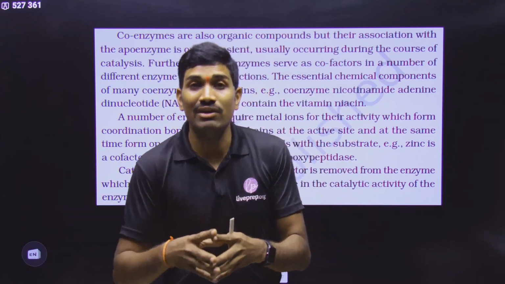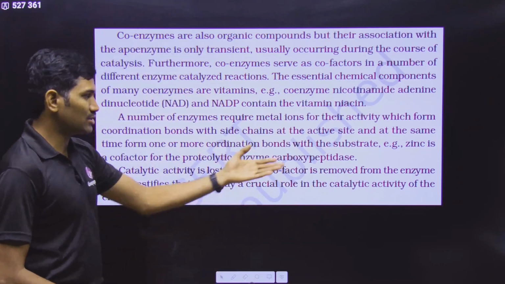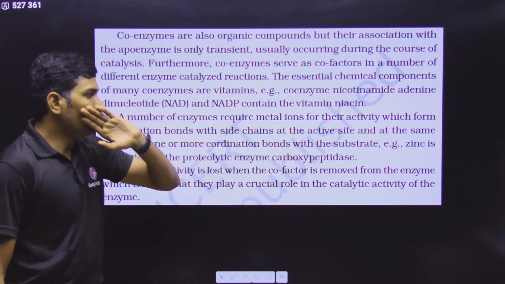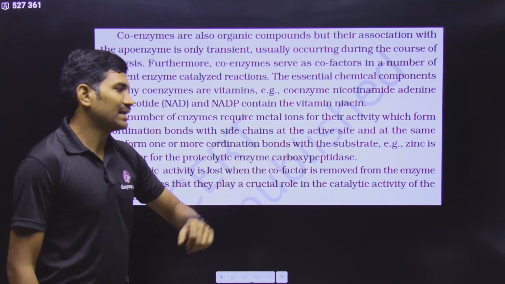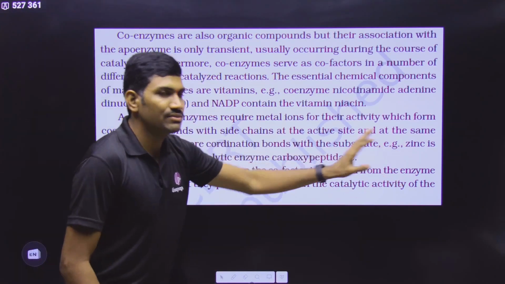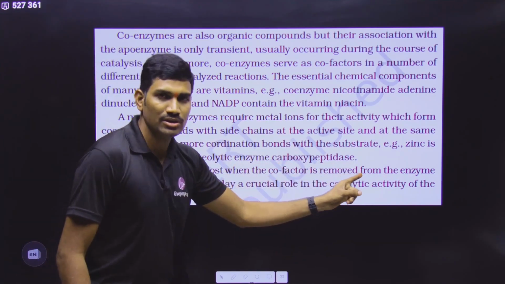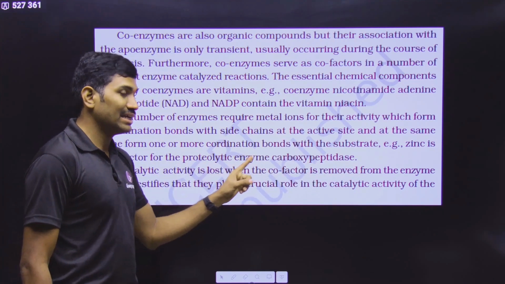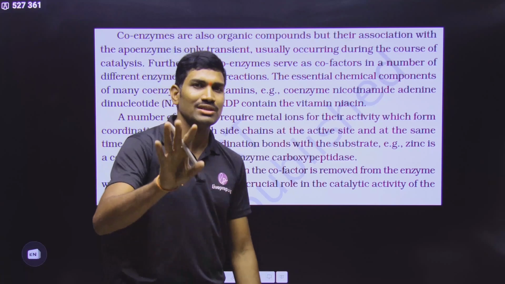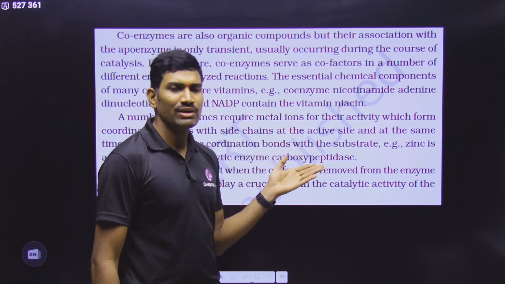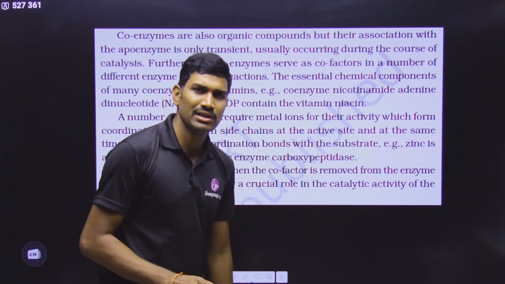In this way they are very important for the particular reaction. For example, zinc is a cofactor for the proteolytic enzyme carboxypeptidase. Zinc is very important for the activity of carboxypeptidase, which is a protein digesting enzyme. In the digestion chapter, I will tell you about this name, even though the chapter is deleted. At least some important names I will tell you.